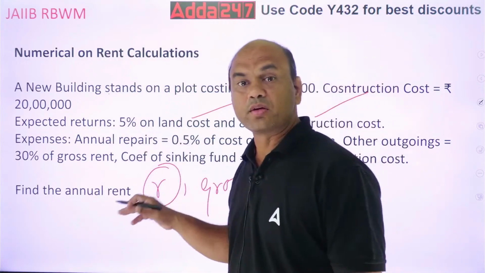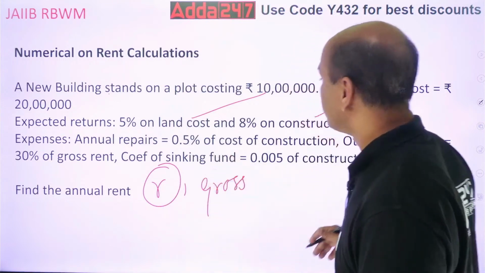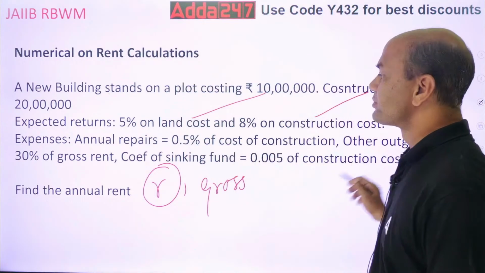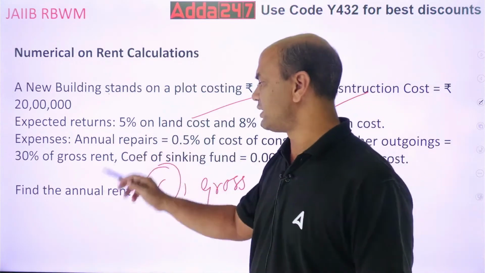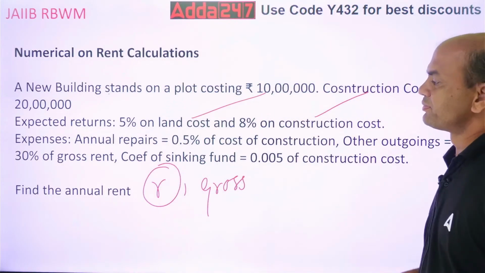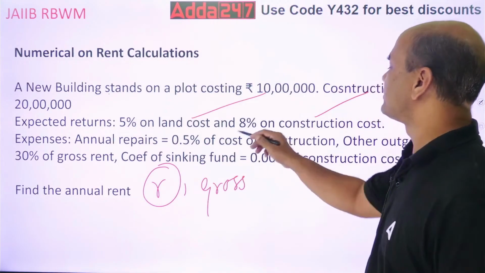So now calculate the net amount. For that, you will first have to calculate the expenses. Three expenses are given: 0.5% of the cost of construction, 30% of the gross rent, and 0.005 of construction cost. So let's calculate 0.5% of the cost of construction.